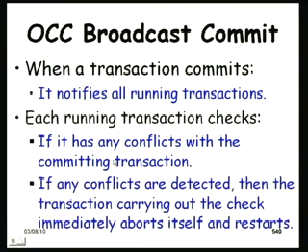So, if there is a conflict, then the transaction that was running would immediately abort itself and restart. So, just see here, the validating transaction, the one that was trying to commit, is not aborted. So, definitely it is more efficient and it leads to less wasted work.